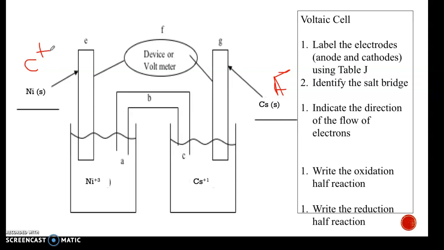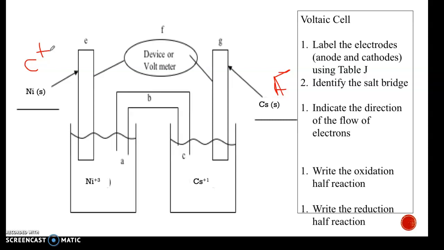Now, number 2 says identify the salt bridge. Well, we know the salt bridge is what allows the flow of ions. Now, the flow of ions, I'm not talking about Ni+3 or Cs+1. I'm talking about the ions that were attached to them in the solution, so the electrolytes. That could be nitrate or sulfate.